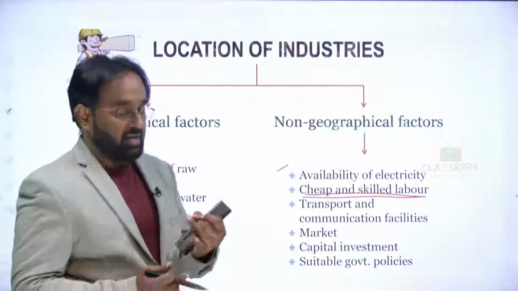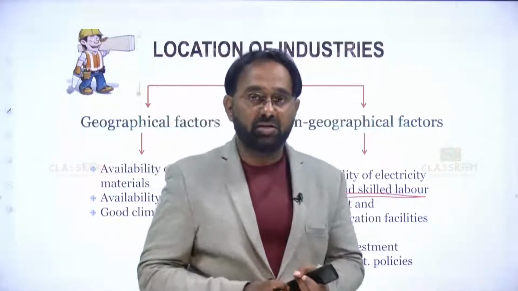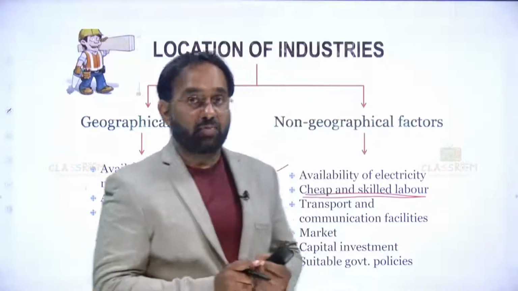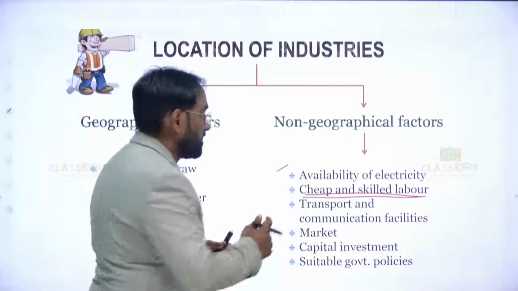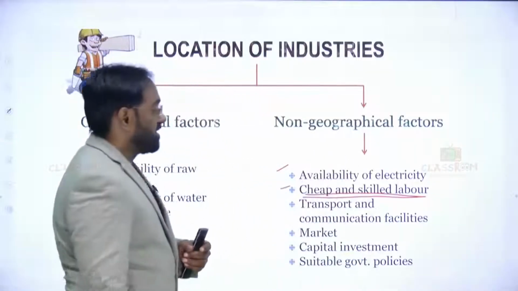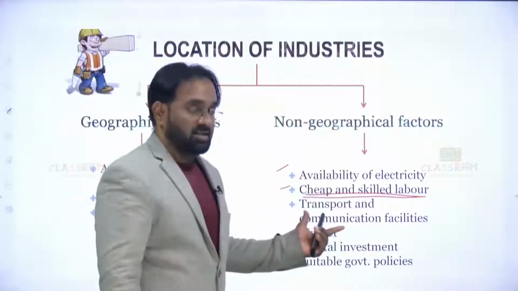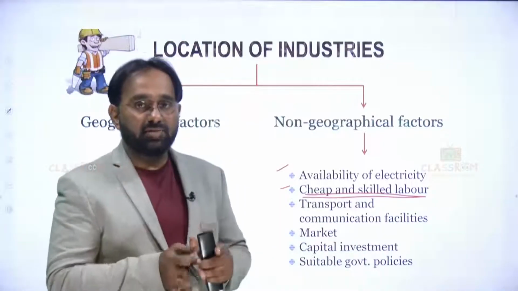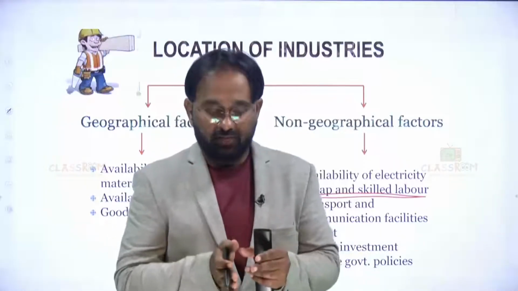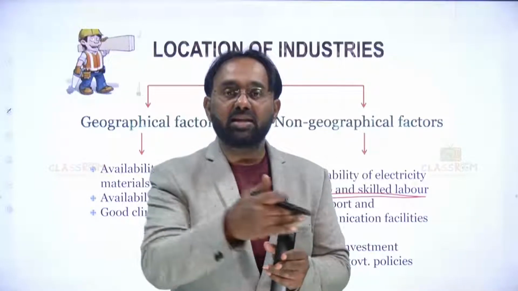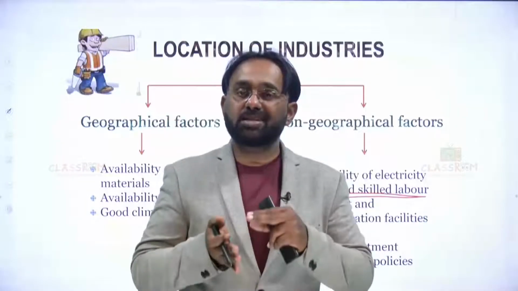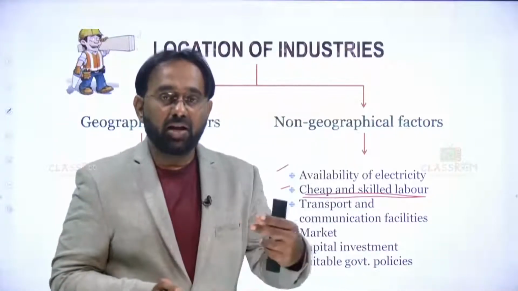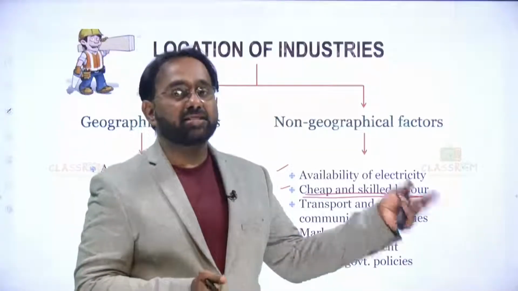For any industry, you need land, labor and capital. Land is there, capital is there, but labor is also very important, so you need access to cheap and skilled labor. Transport and communication facilities: your manufacturing place should have sufficient connectivity with other areas where the manufactured goods can be exported or supplied to other parts of the country.